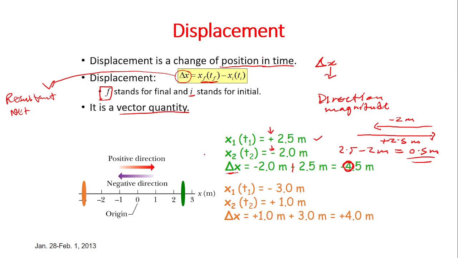Okay, so the same applies with this object. If this object moves -3 meters, meaning it goes this side 3, and then it goes the other side, which is 1, let's say it goes like that, which is positive 1 meter, and that one is negative.